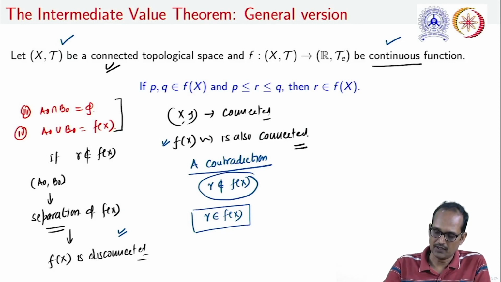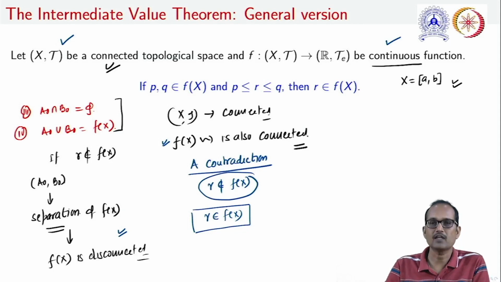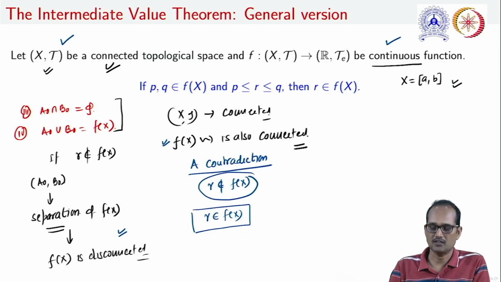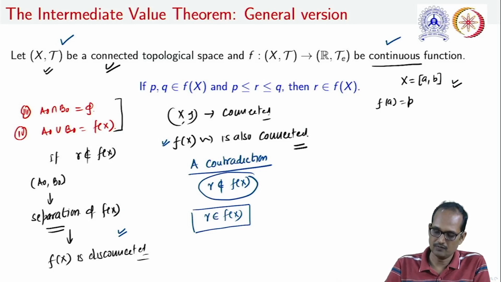Now if we take X as the closed interval [a, b], note that there is no harm in assuming X as the closed interval [a, b], because this closed interval is connected, and in our statement also X is connected. Also let us take f(a) equal to p and f(b) equal to q.